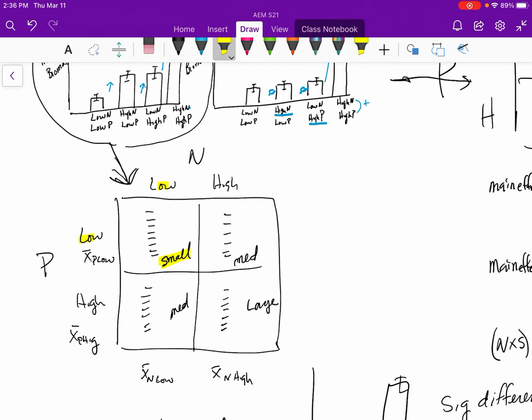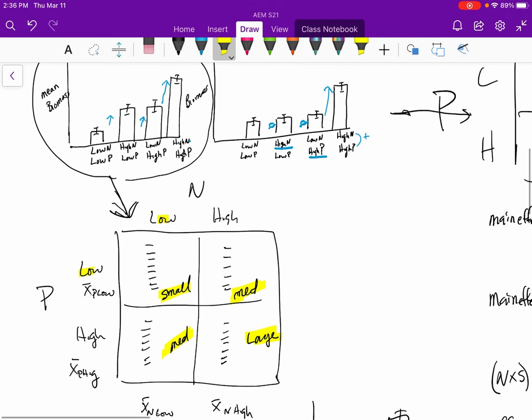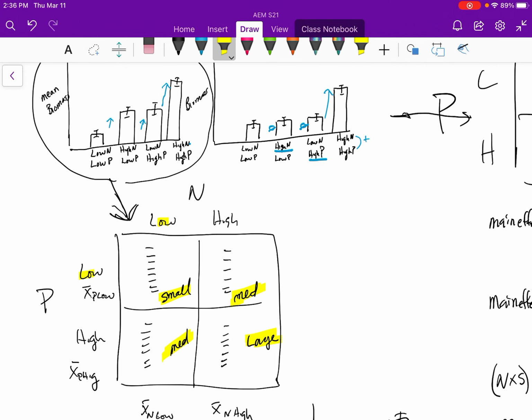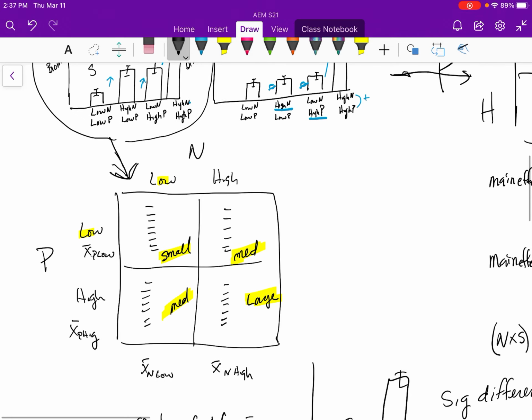We'll get a little bit of growth, 20% growth, out of just high nitrogen, and a little bit out of just high phosphorus, and a lot out of high nitrogen and phosphorus, okay? So this should look like small, medium, medium, large, right? If you were to look at those, and on the graph up there.